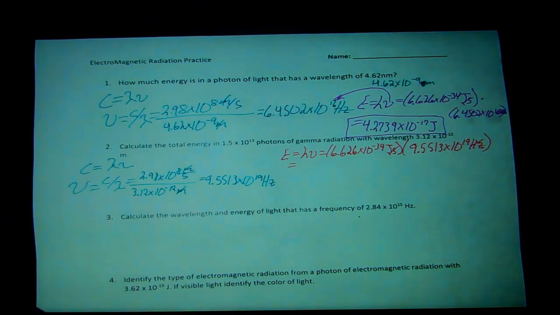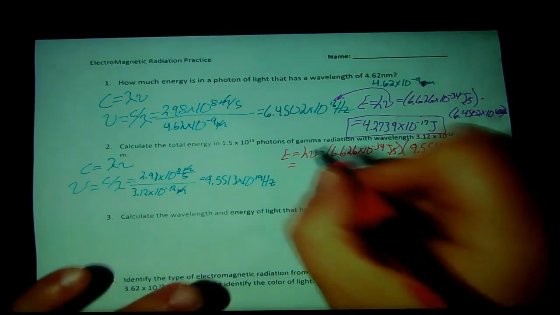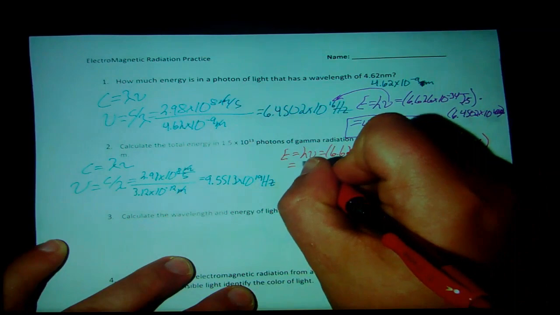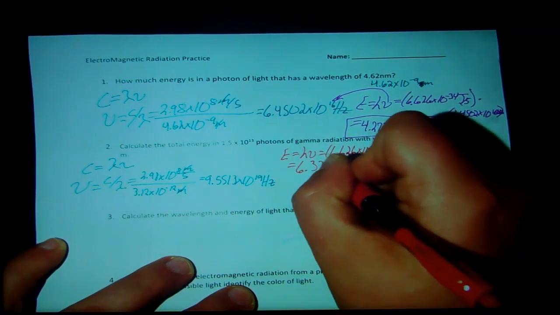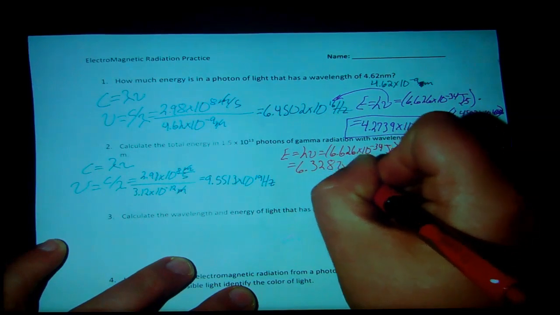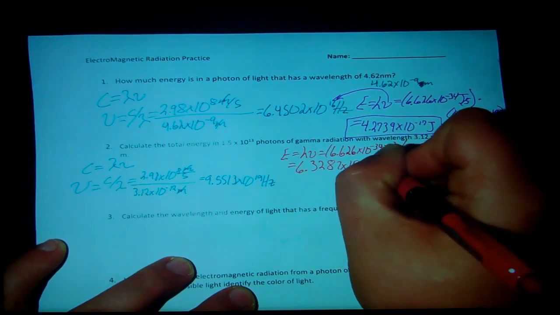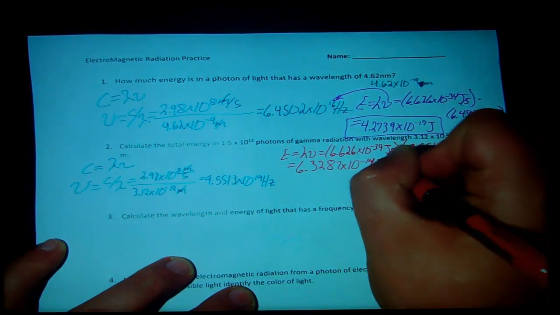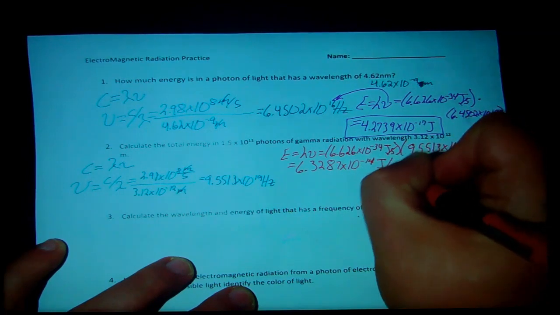Oh snap. Why did it do that? So energy is 6.3287 times 10 to the negative 14 joules per photon.